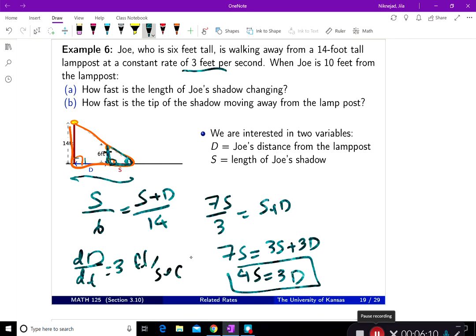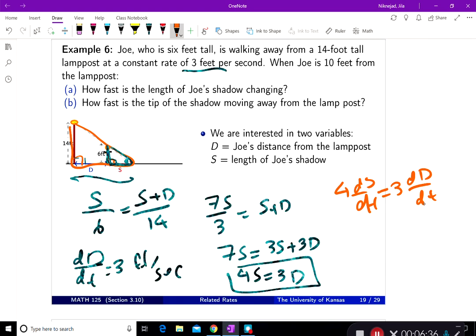Now that I have this equation, I can take the implicit differentiation of this equation and get: 4 is the constant, derivative of S with respect to t, is equal to 3 is the constant, derivative of D with respect to t.